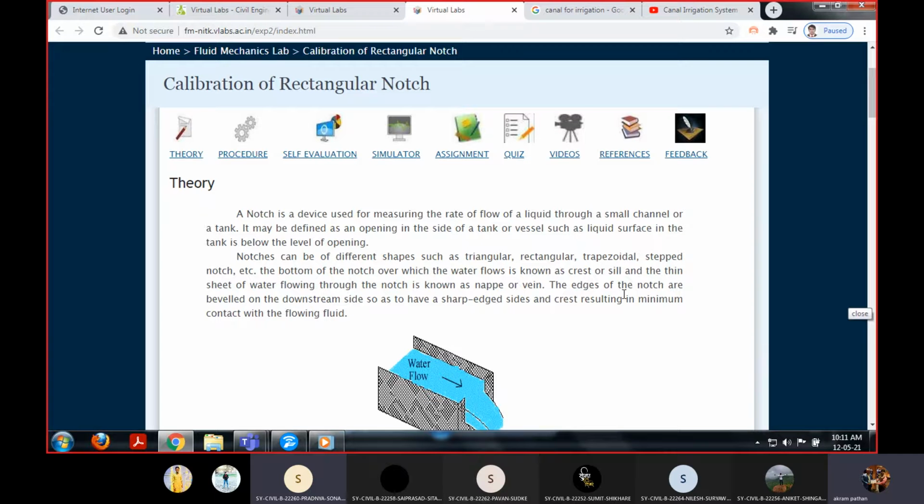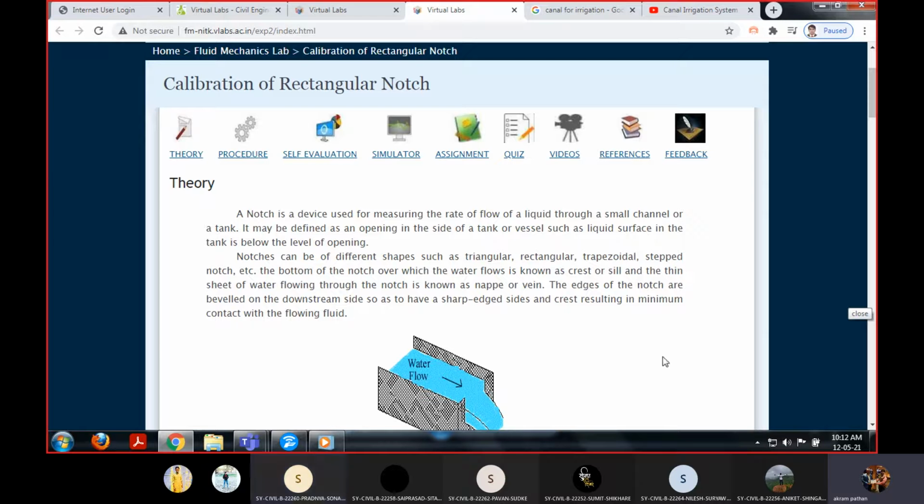The edges of the notch are beveled on the downstream side so as to have sharp edges, side and crest, resulting in minimum contact with the flowing fluid.